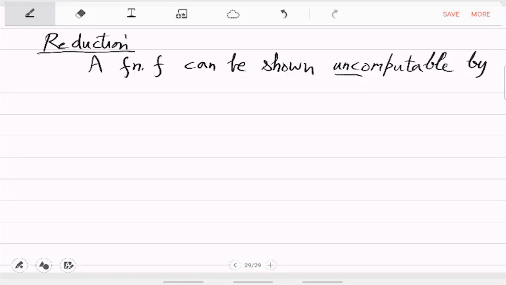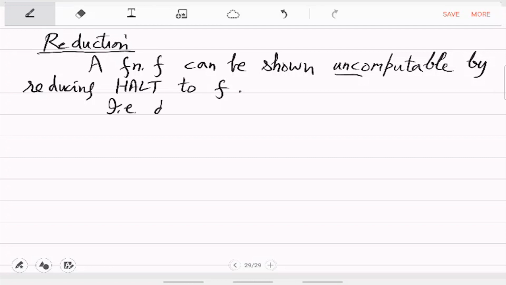So a function f can be shown uncomputable by reducing halt to f. Notice the direction: by reducing halt to f, that's the correct direction. That would mean that f is also uncomputable. It's very hard.